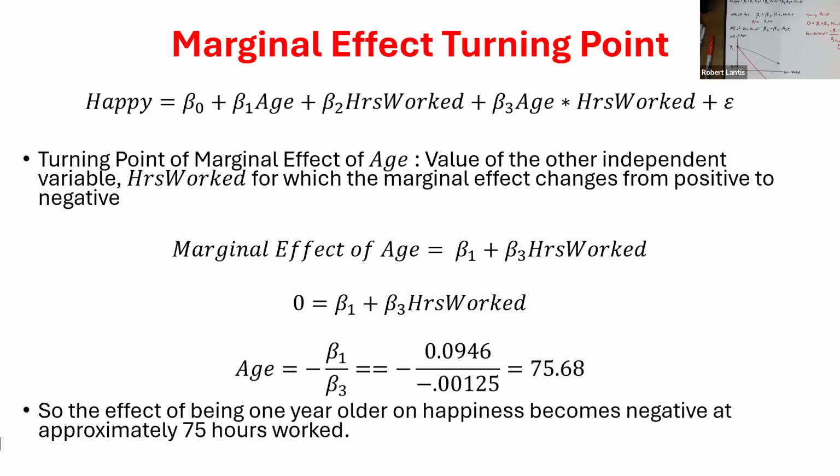I might push for different policies if I know the marginal effect of income is going to be positive for 90% of people. Anybody who has three kids or fewer, I know that my policy is going to be positive for most people.